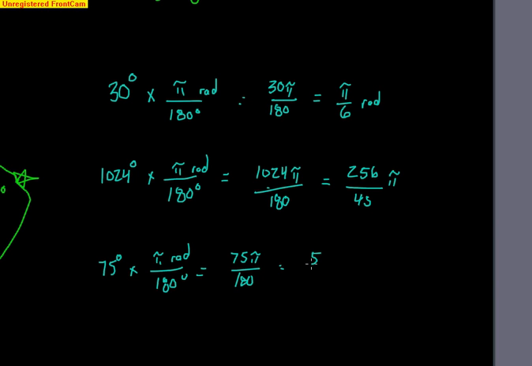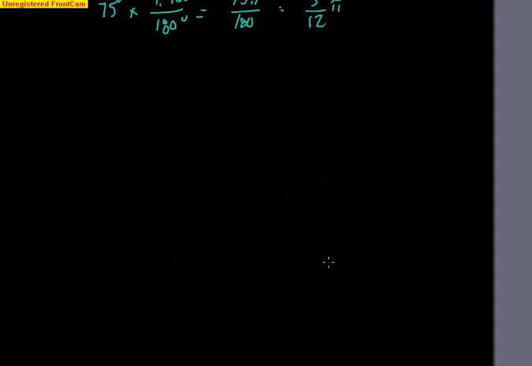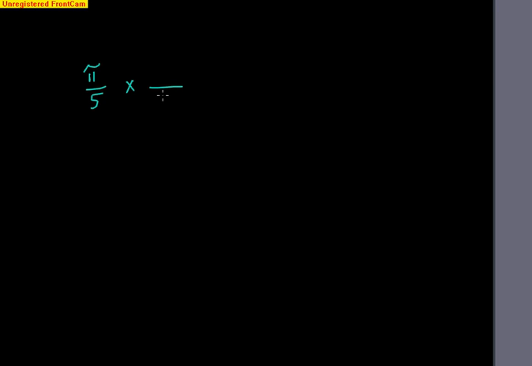Okay, let's practice a couple converting from radians to degrees. Let's say I'm pi over 5 radians. I don't have to write rad, I usually don't. I want to convert this to degrees. So this time I need the pi radians on the bottom so that it cancels, and I need the 180 degrees on top. If you're not comfortable with the reduced method, which is smarter to use, you could do 360 over 2 pi.